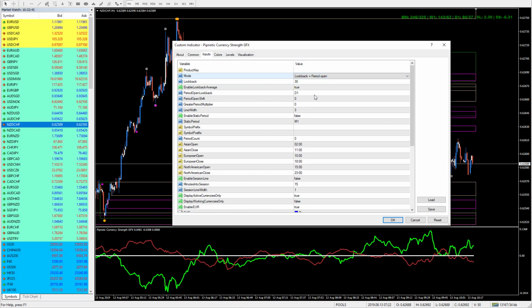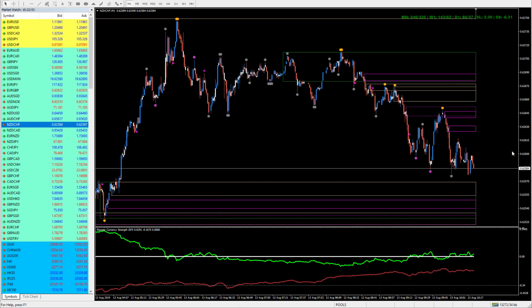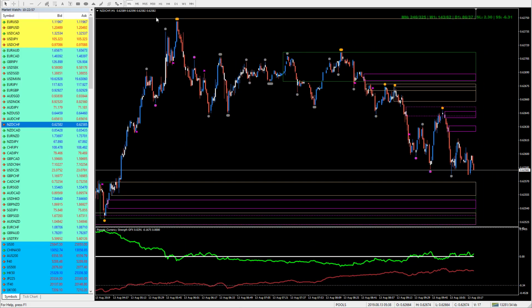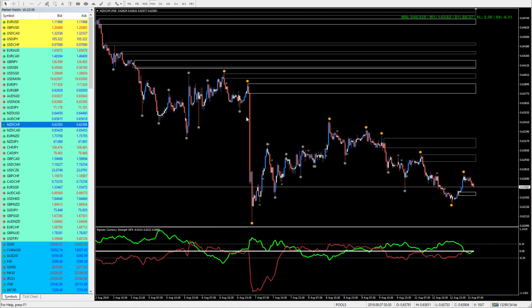So if we wanted to look at, for example, currency strength since the beginning of today, I would put look back to open period, and it would show us that the Swiss franc is indeed in power. You can see the shift occurred just about here.